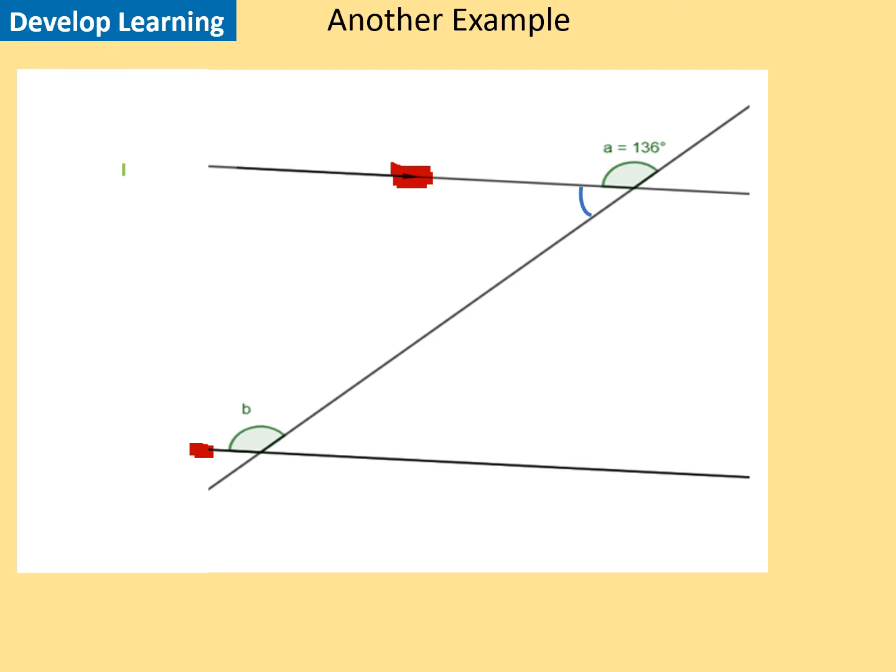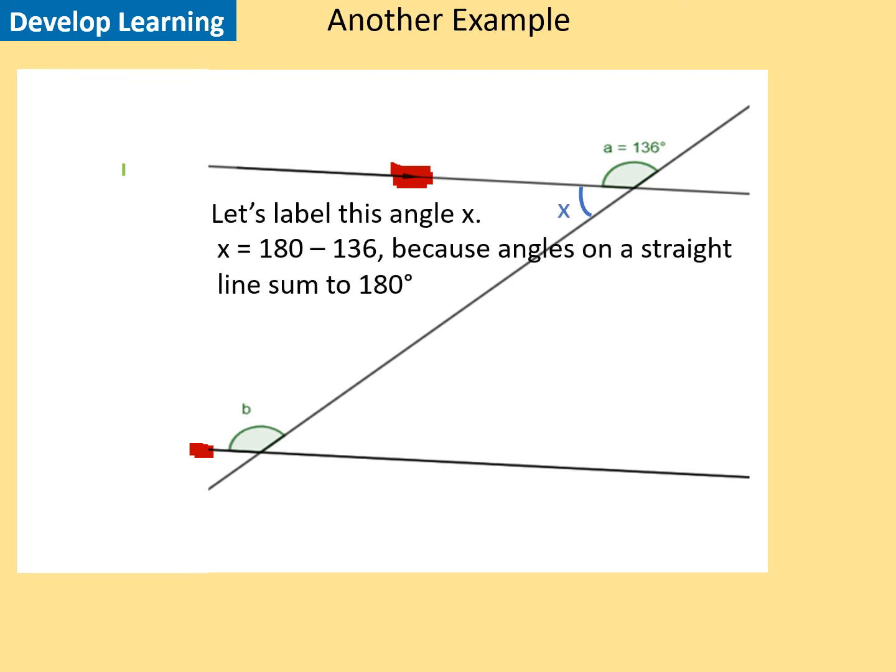We can label this angle X. X equals 180 take away 136, and we should know this because angles on a straight line sum to 180 degrees. This would mean that X equals 44.